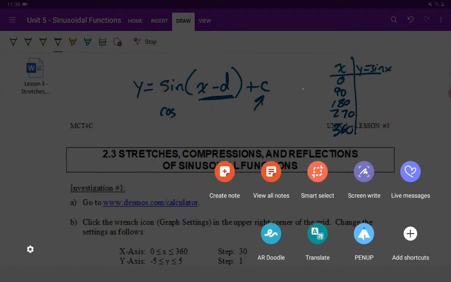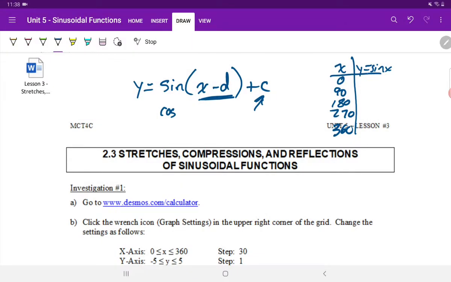Remember that the sine function starts at the equation of axis, which is 0 for y equals sine x, goes up to 1, comes back to 0, down to -1, and then back to 0 again. And then we've got the curve of y equals cos of x.